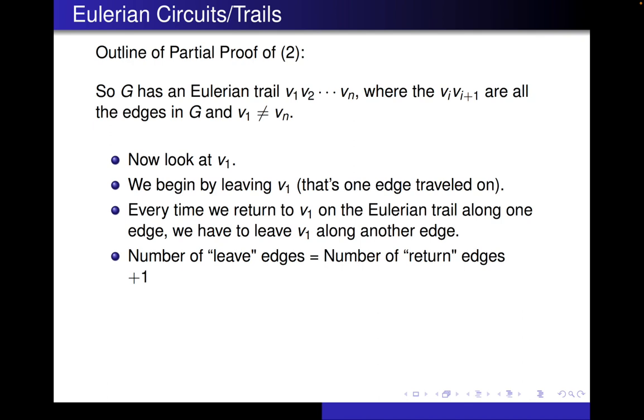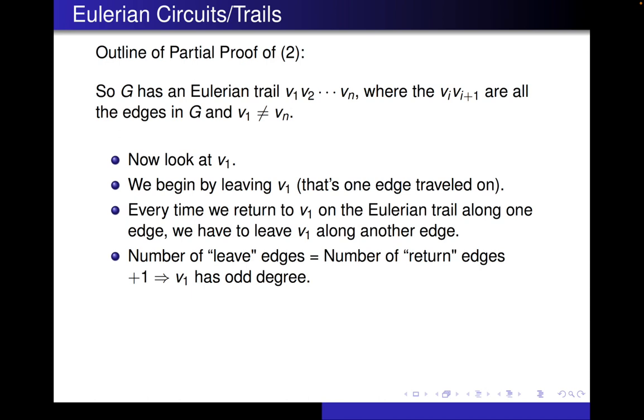So the number of leave edges equals the number of return edges plus 1, and those are all the edges coming out of V1. So if we add those together, we get twice the number of leave edges plus 1, which is an odd number, so V1 has odd degree.